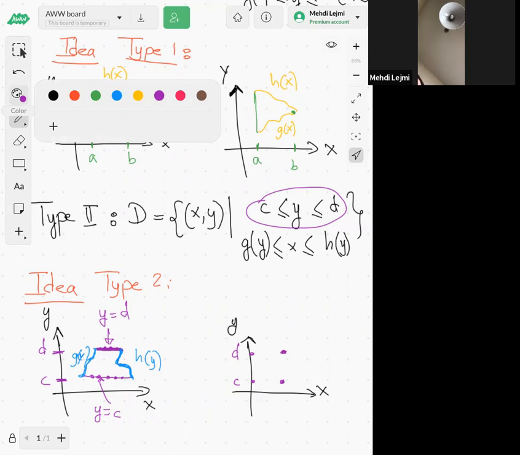So you're going to use the graph of 2 different functions. Here's g of y, and here's h of y, right? And so your region D, of course, would be the interior of this, right? That's your region D. That's a type 2 elementary region, right?